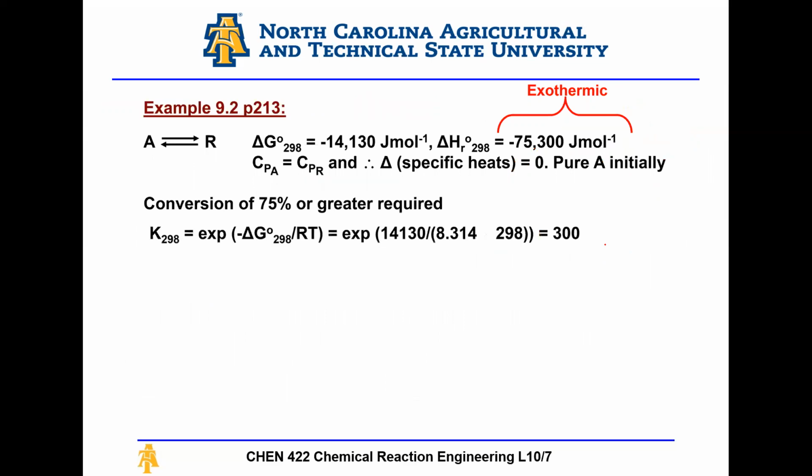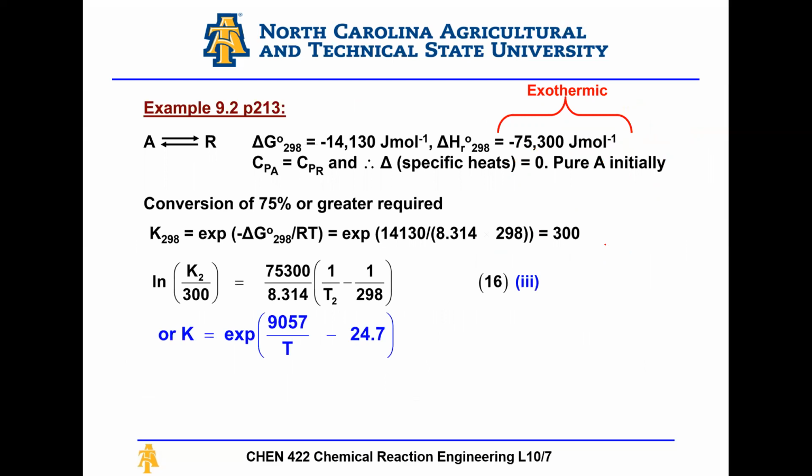After getting K1 and T1, I'm going to plug it into this equation. So I have an expression where I have K2 and T2, right? So I have ln K2 over K1, and 300 here, this is K1, just so that you don't confuse it with the temperature. ln K2 over K1 is equal to minus delta HR, which is 75,300, over R, 1 over T2 minus 1 over T1.